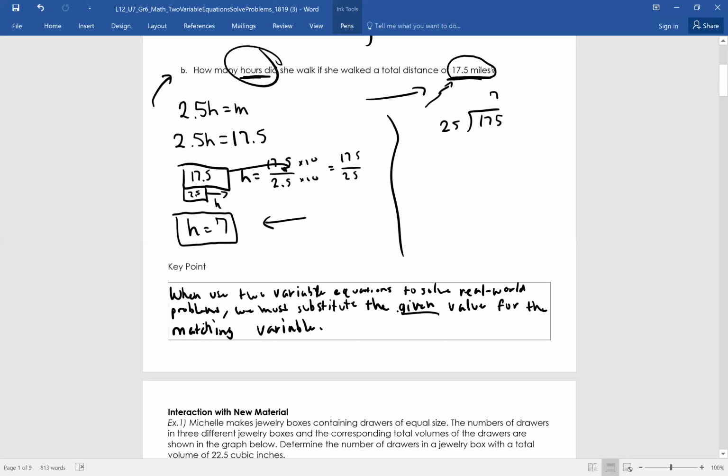What do they mean by this? When using two variable equations to solve real world problems, we must substitute the given value for the matching variable.